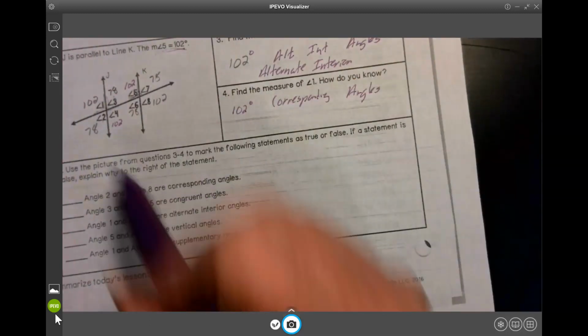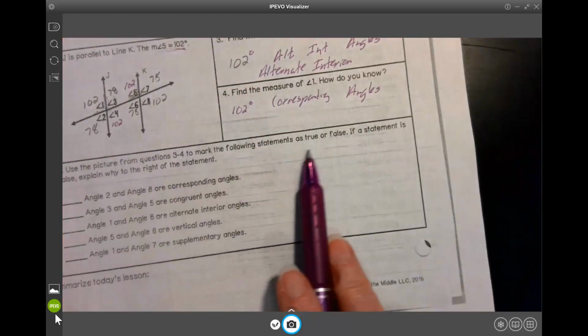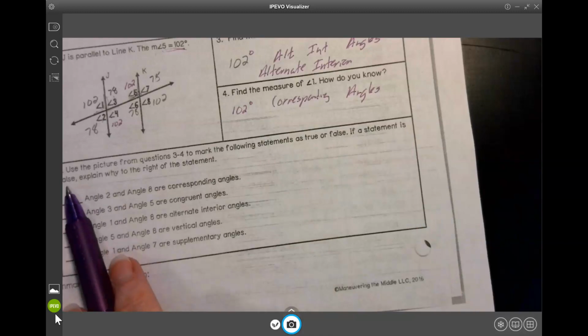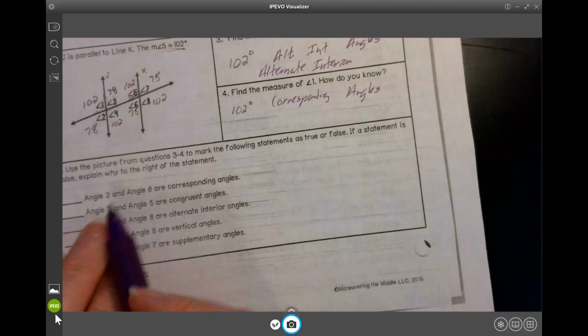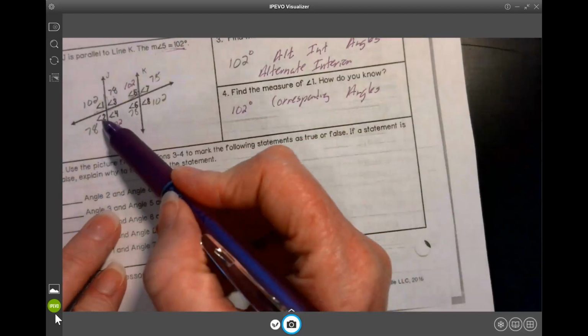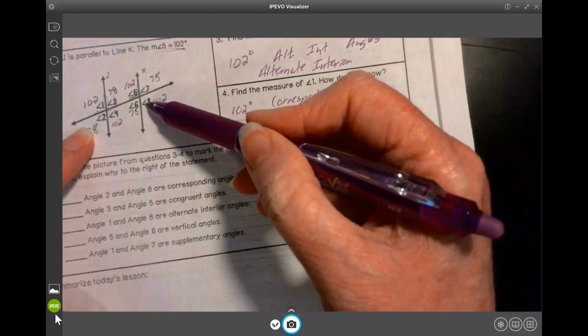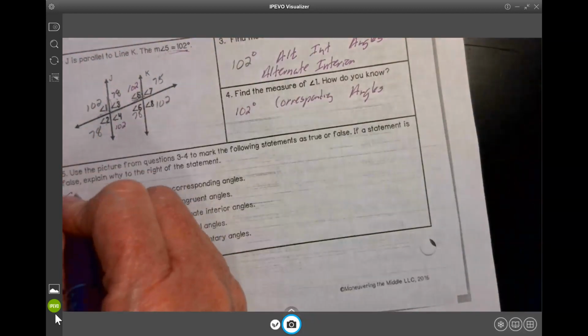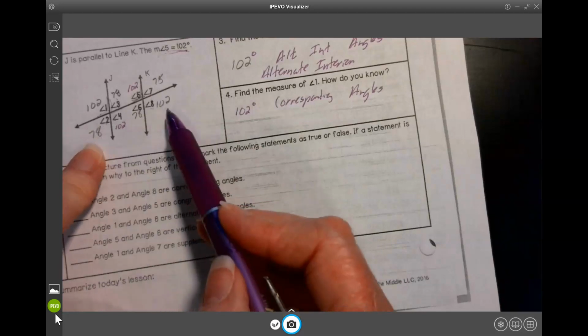Using the pictures from 3 and 4, so we're using this one right here, mark the following statements as true or false. If a statement is false, explain why to the right of the statement. Okay? So angle 2 and angle 8. Are they corresponding? Well, no. That one's false. They're not corresponding because they're not the same measure, for one.